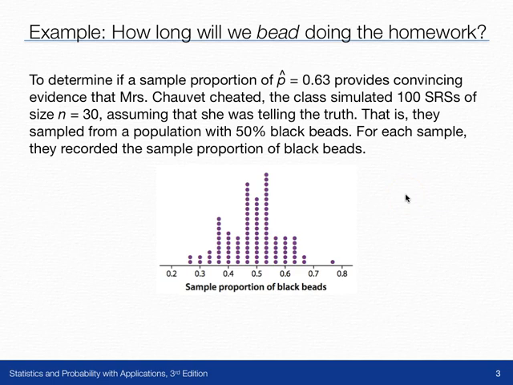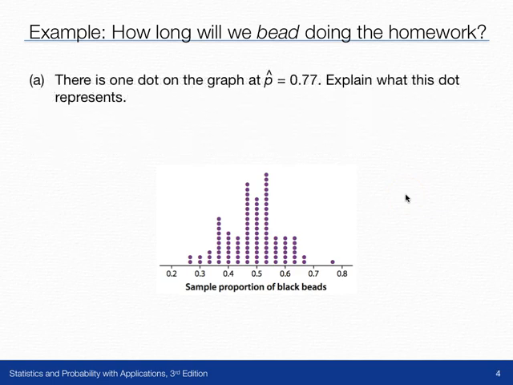In part A, it says that there's one dot on the graph at p hat equals 0.77, and we want to know what this actually indicates. We're talking about this dot right here. These are the sample proportions of black beads, and remember, each dot on the dot plot indicates the sample proportion from one of the samples.